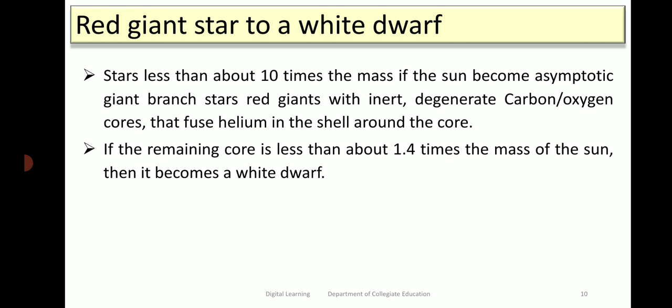If the remaining core is less than about 1.4 times the mass of the sun, then it becomes a white dwarf.